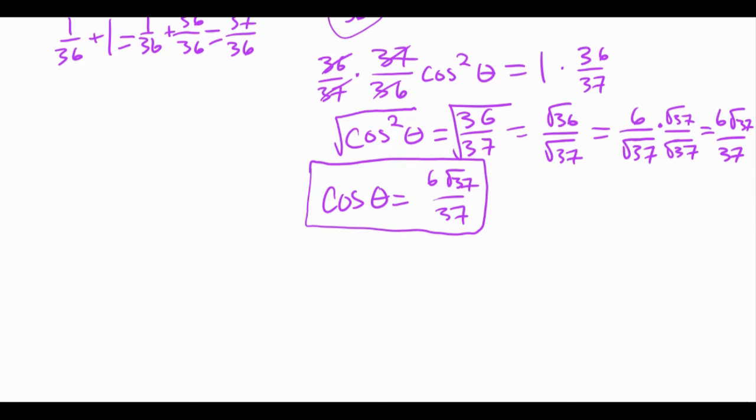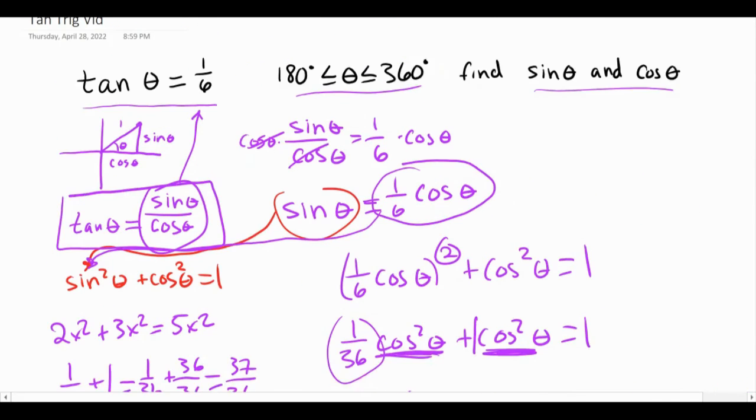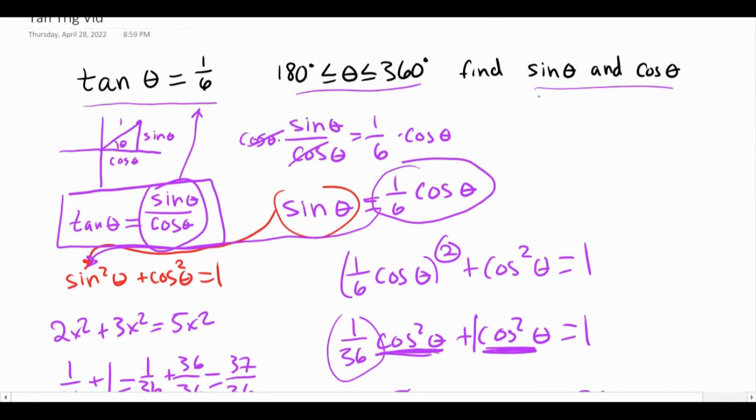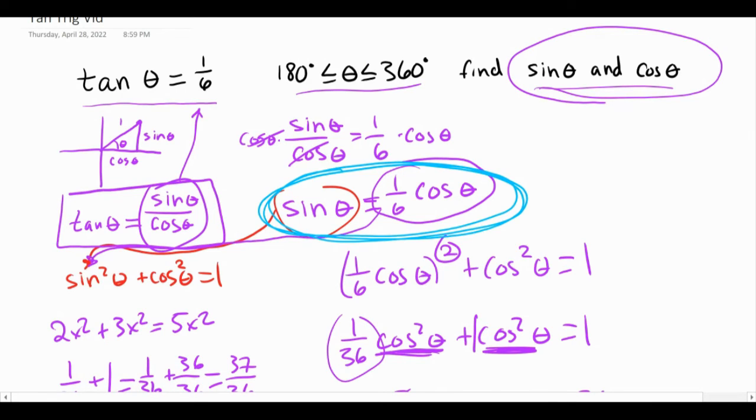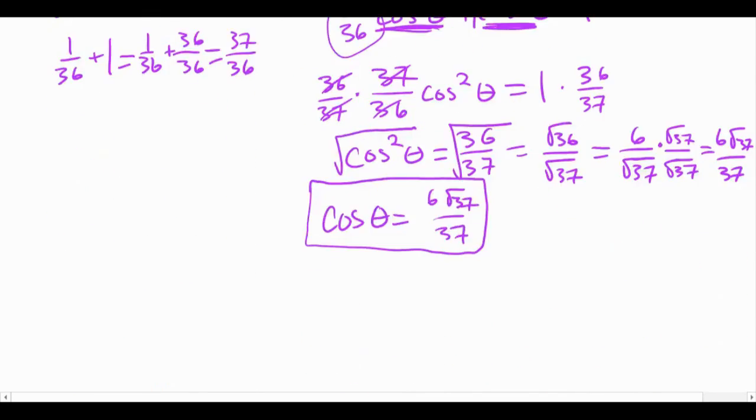The other thing, though, don't forget, is that we were originally asked to find sine and cosine. So what I'm going to do is use, in blue here, this part of my equation because I know now what cosine is. So if I plug that in, I can find what sine of theta is.